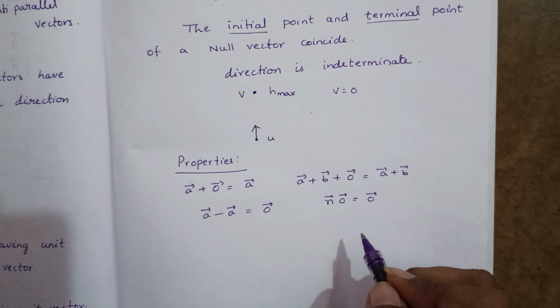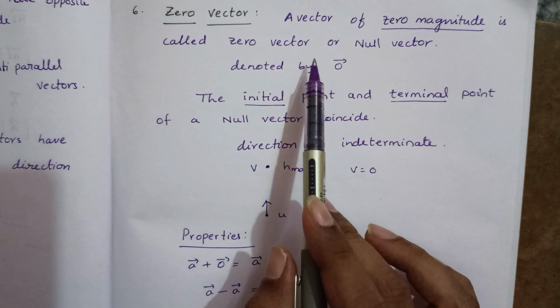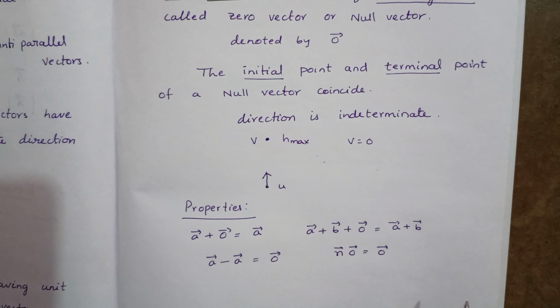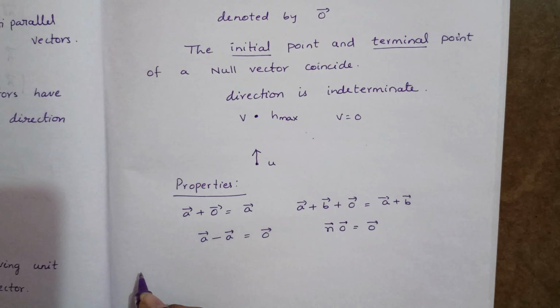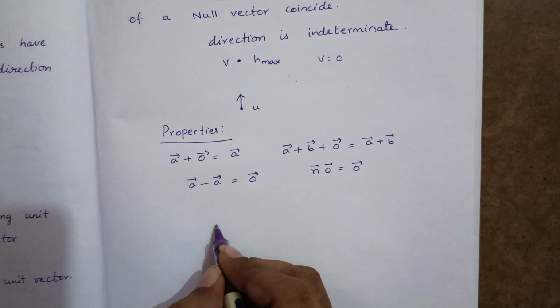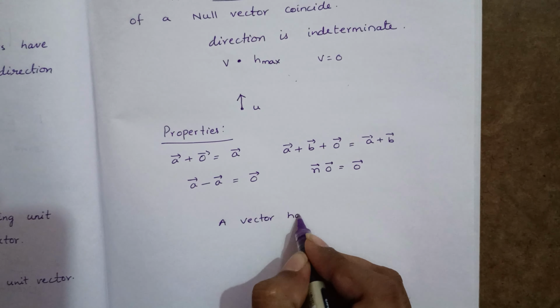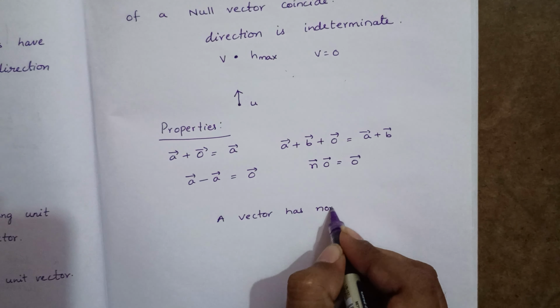Okay, now zero magnitude is known as zero vector.